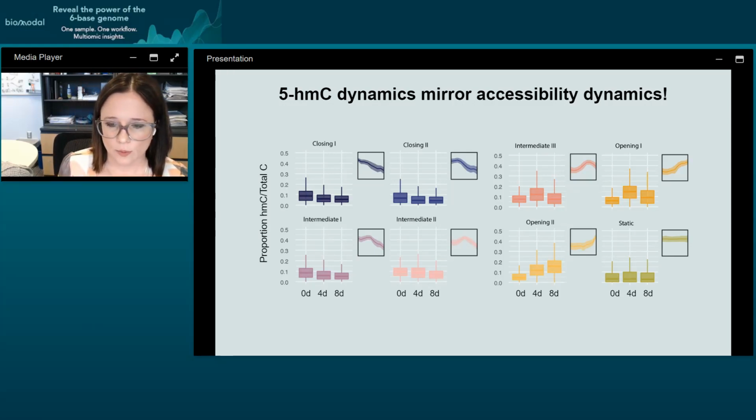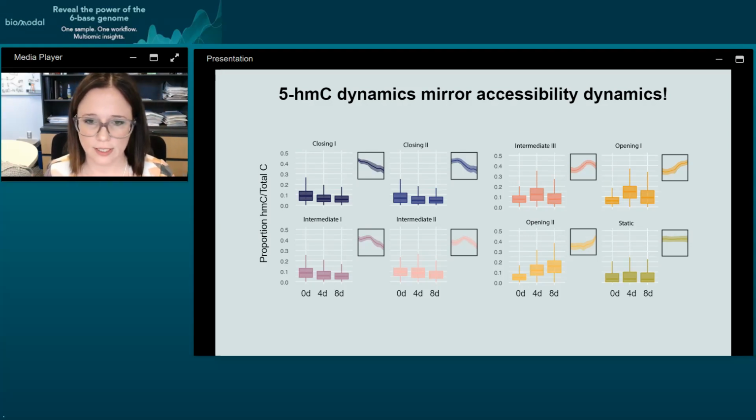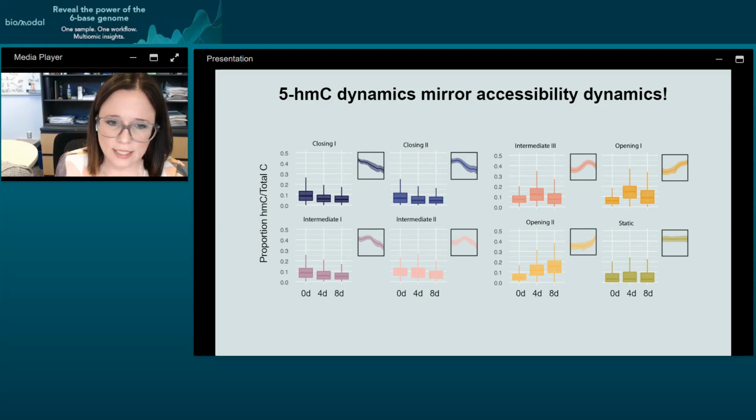There were 7 different clusters that we defined, and then an additional group of regions that we're calling static. These are accessible regions that remain accessible and don't really change in terms of their accessibility from 0 to 12 hours over the entire time course.